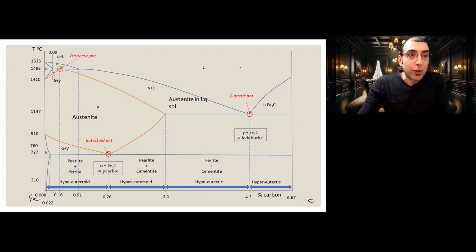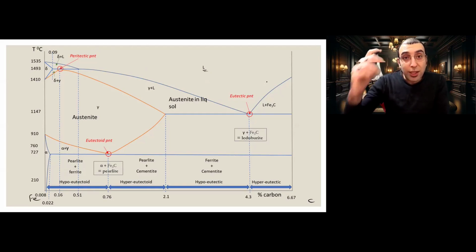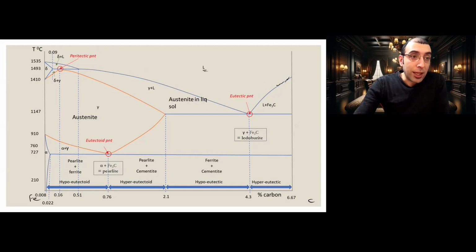So first of all, the liquid phase, as you can see, liquid here. So this top region is our liquid phase. If we want to mark the liquidus line, which has a border with the liquid phase itself, all this is our liquidus line all the way, and then going to here, all of this is our liquidus line.